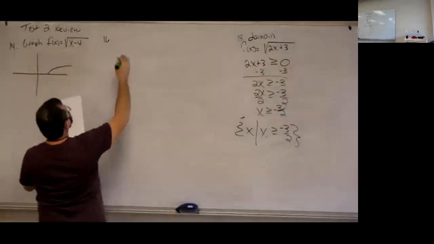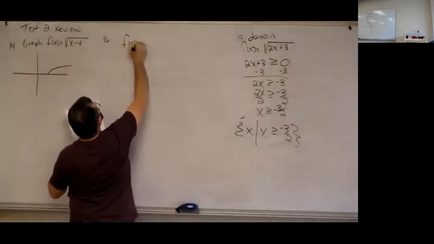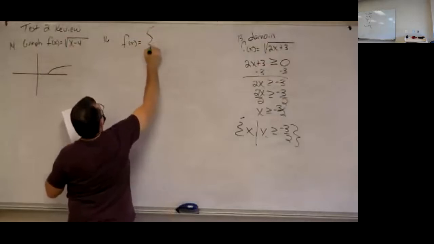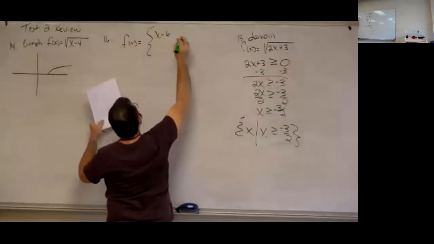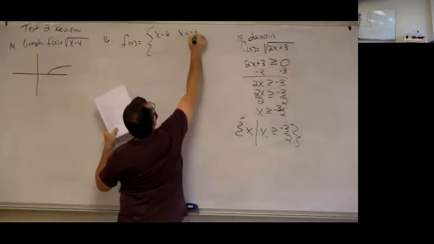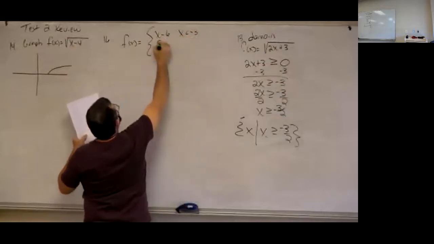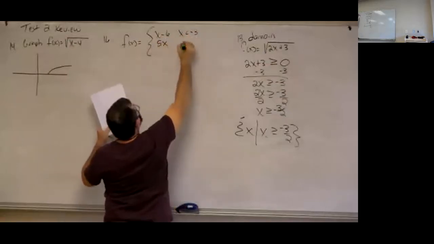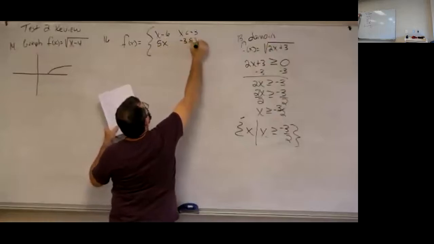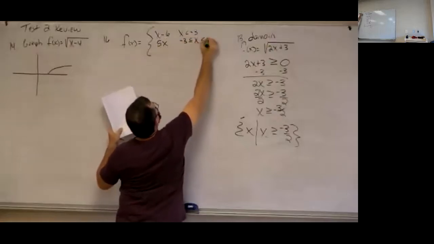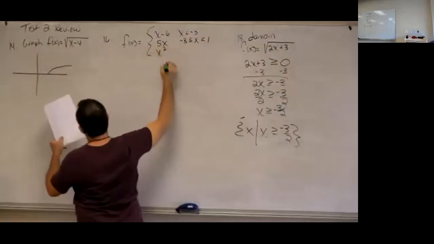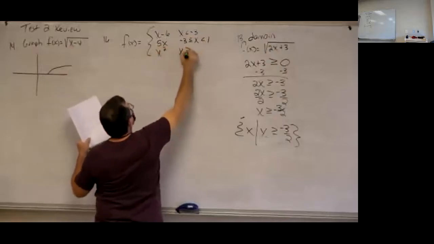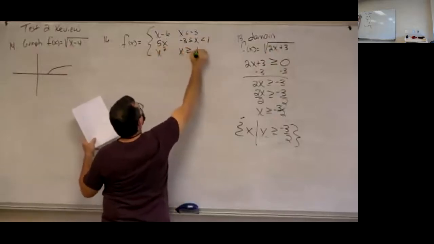This is a piecewise function, f of x equals x minus 6 if x is less than negative 3; 5x if negative 3 is less than or equal to x, which is less than 1; and then it's x squared for any x greater than or equal to 1.